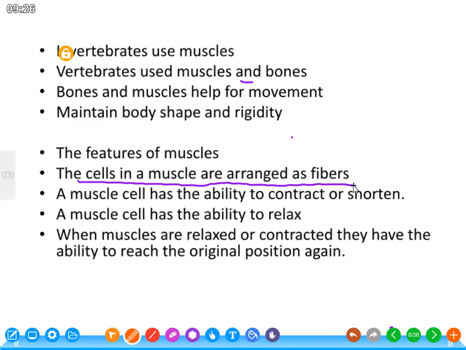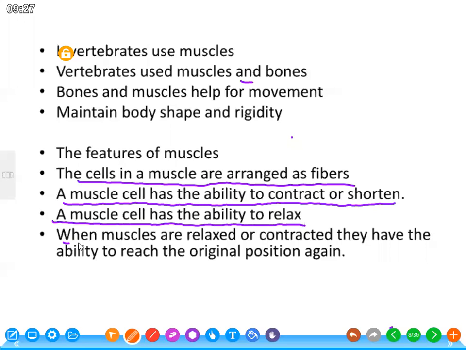Also a muscle cell has the ability to contract or shorten. Next feature, a muscle cell has the ability to relax.